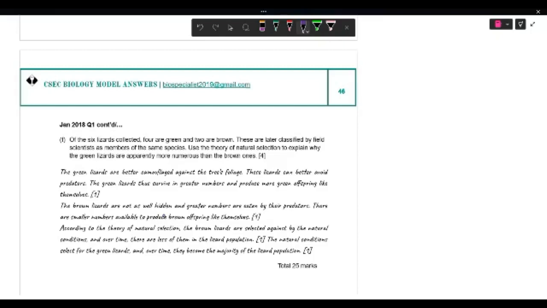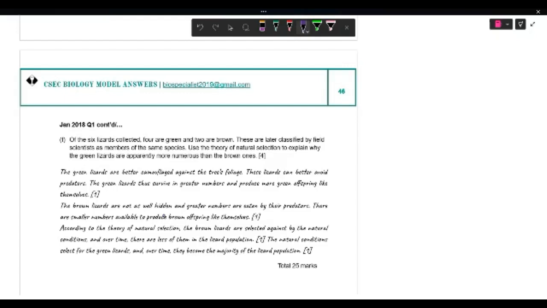No. And we have a perfect example here. So we've seen 4 that are green, 2 that are brown, and realize, oh, okay, they look different, but are they separate species? We don't know. So later on, field scientists would do their research and determine that, yes, they are members of the same species.